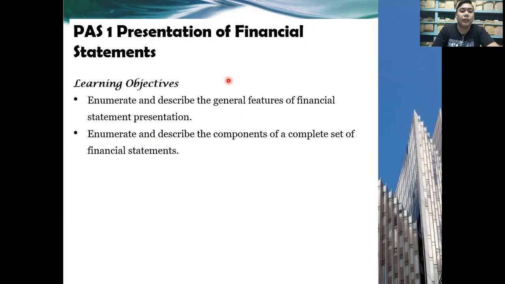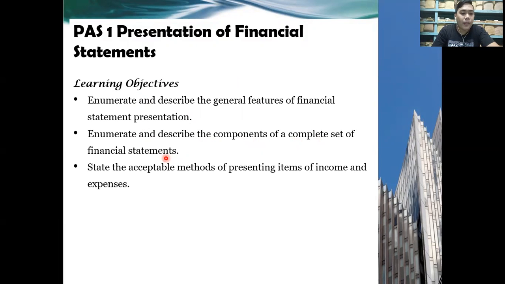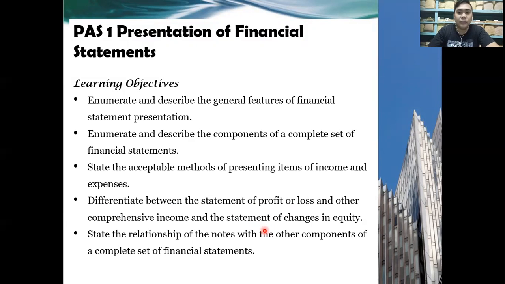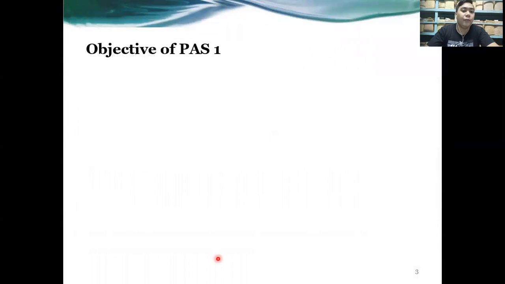Second, enumerate and describe the components of a complete set of financial statements, so we will take them one by one. Third, state the acceptable methods of presenting items of income and expenses, and differentiate between the statement of profit or loss and other comprehensive income and a statement of changes in equity. And state the relationship of the notes with the other components of a complete set of financial statements. Okay, so let's start from this.